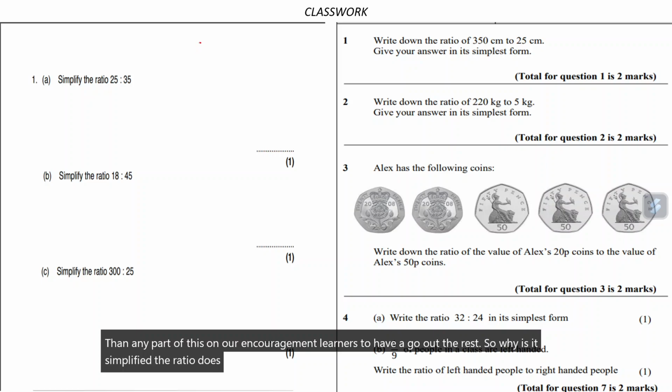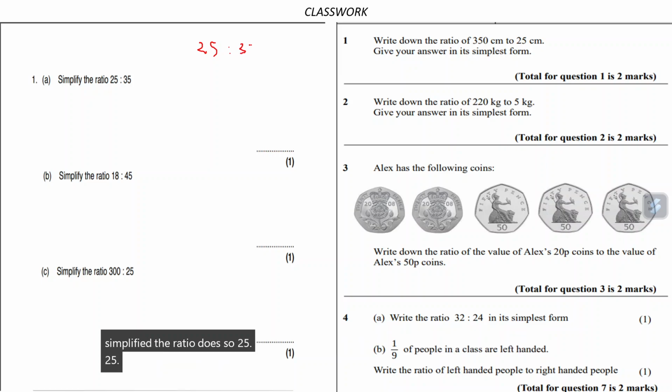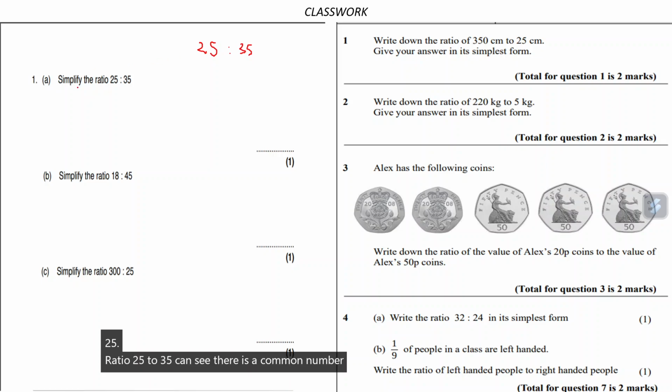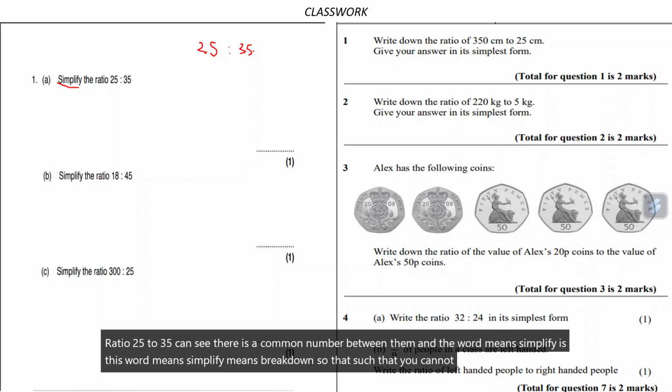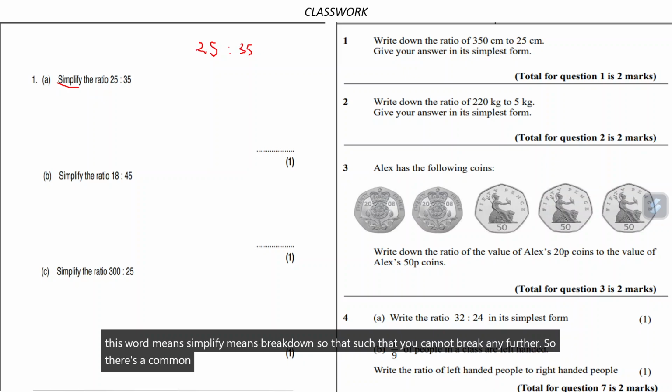The ratio is 25 to 35. You can see there's a common number between them, and the word means simplify. Simplify means break down such that you cannot break any further. There's a common number between these, which is 5.